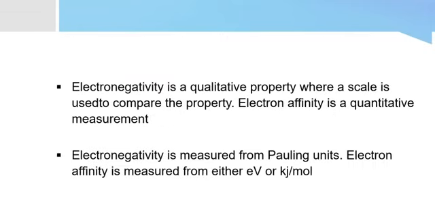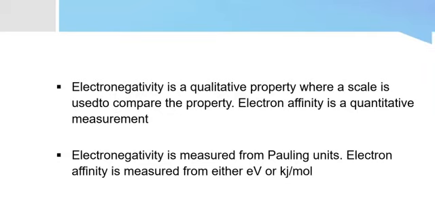Electronegativity is a qualitative property. We are talking about its ability or tendency, so it's a qualitative property used when we need to compare two or more elements. Electron affinity is a quantitative property. We can calculate it. It's the amount of energy.